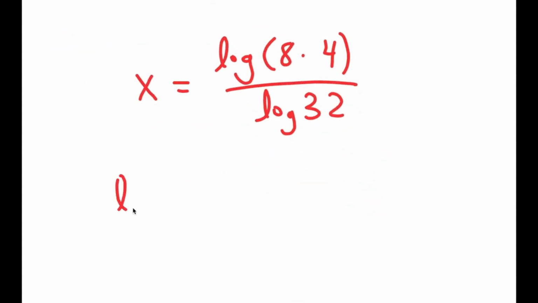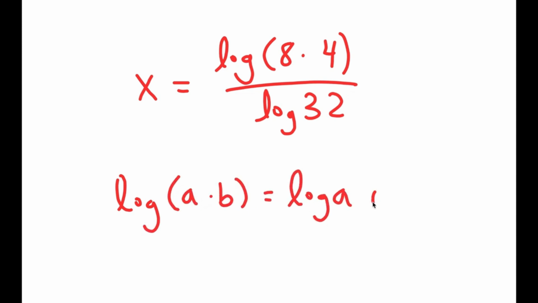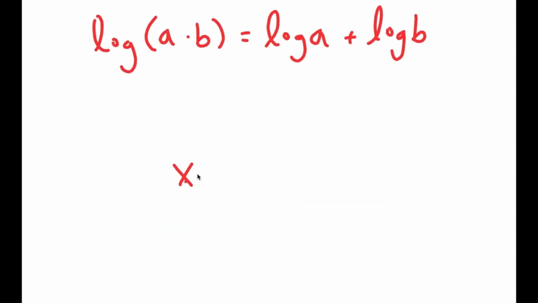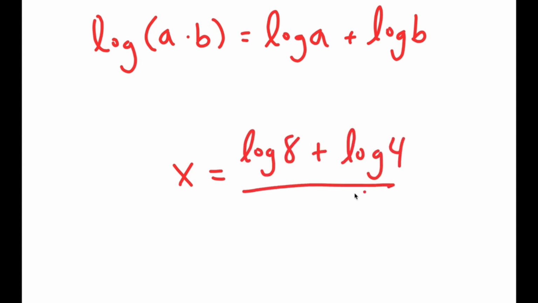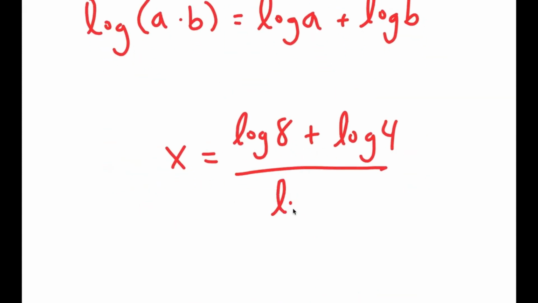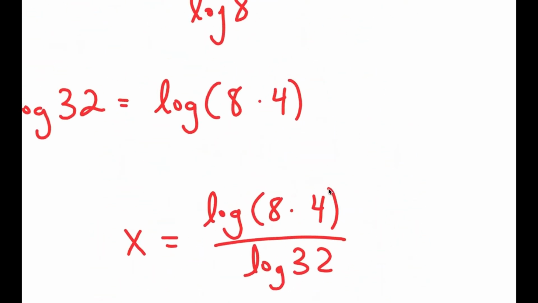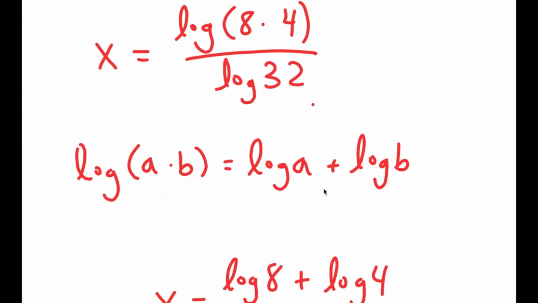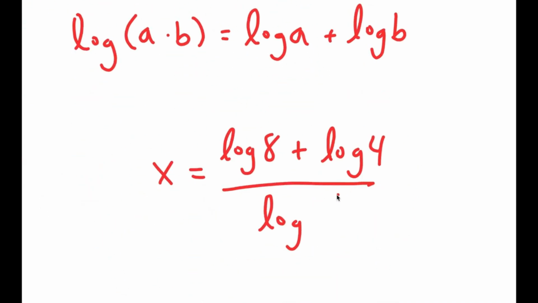So I get log of 8 times 4 over log of 8. And if I have something in the form log of a times b, this is equal to log a plus log b. So in this case, this is going to equal log of 8 plus log of 4, and I have this over log of 8.